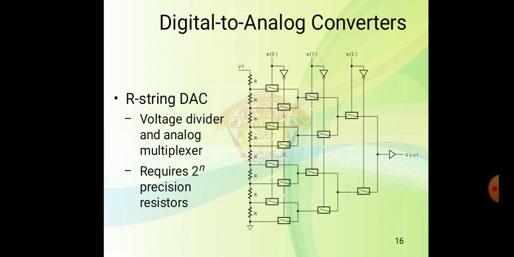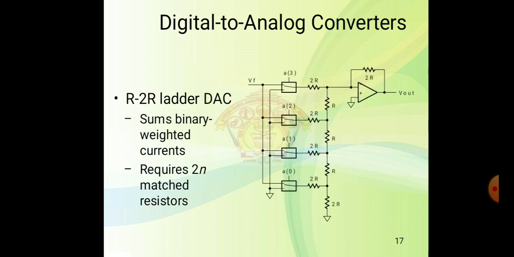However, for a larger number of input bits we require another form, which is implemented by another technique, the R2R DAC. The R2R DAC is an alternative scheme based on the summing of currents in a resistor network.